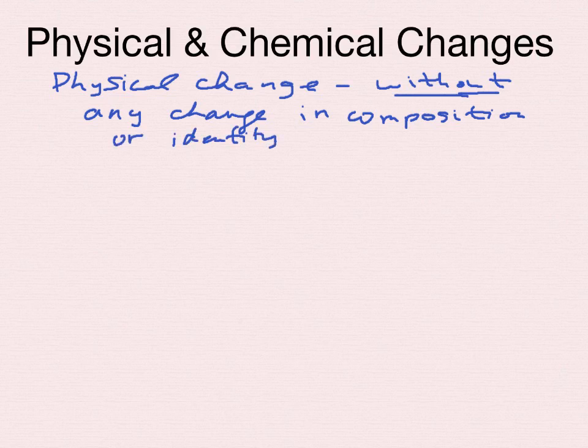Now that doesn't mean that it always looks the same when it's done, but there can be a change in appearance. Changes in appearance may happen, but there will be no change in the chemical structure of that substance.